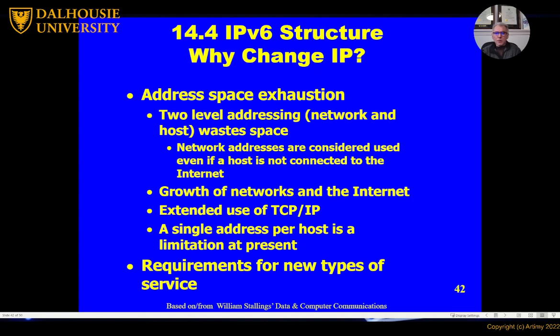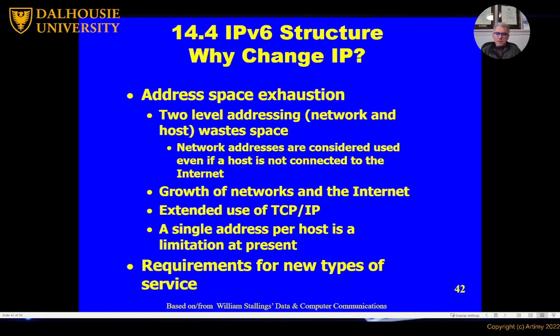IP version 4 has been around since the beginning of the TCP/IP set of protocols. The creators of the standard thought 32 bits was enough to cover all our networking needs.